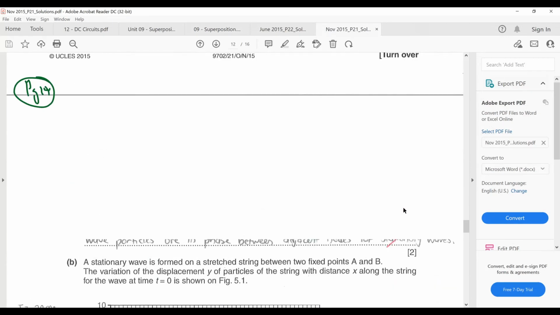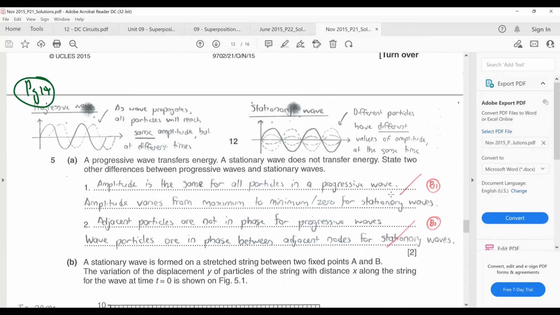Question 5. A progressive wave transfers energy. A stationary wave does not transfer energy. This one we know already. State two other differences between a progressive wave and a stationary wave. This one again relates back to what I explained extensively last week. For a progressive wave, amplitude is the same for all particles.